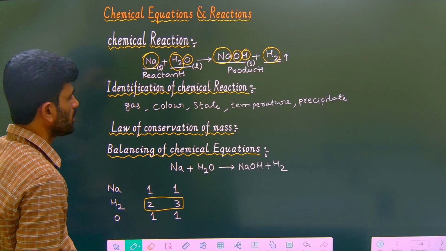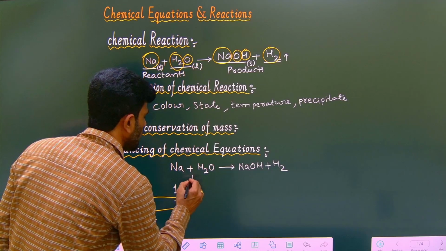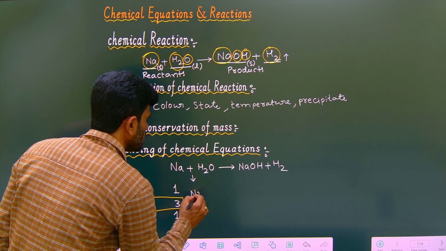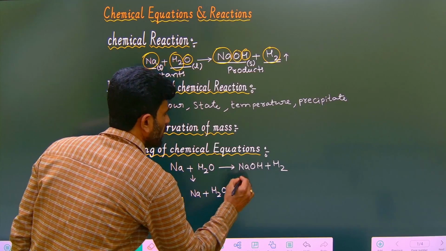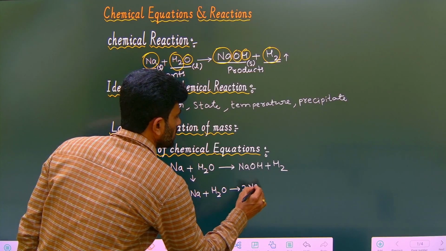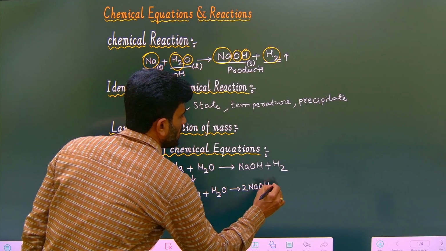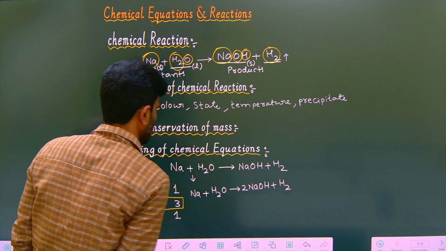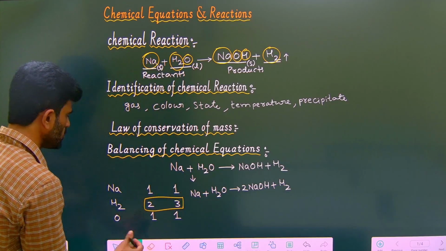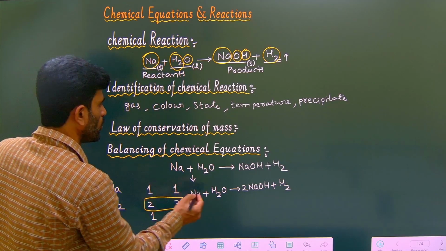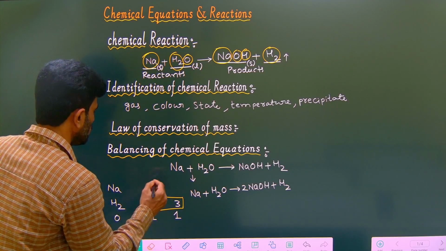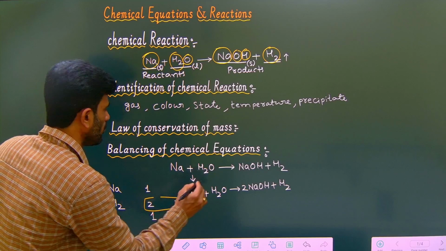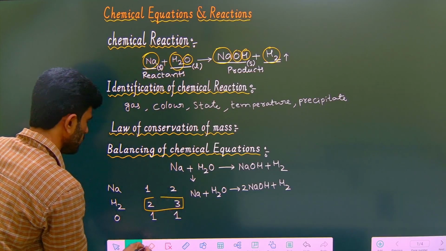For that, I am writing this equation as Na as it is plus H2O as it is, but here I am writing 2NaOH. So what happens? Now I am changing this number. Now sodiums are different. Sodium reactant side 1 we have, but product side 2 we have.